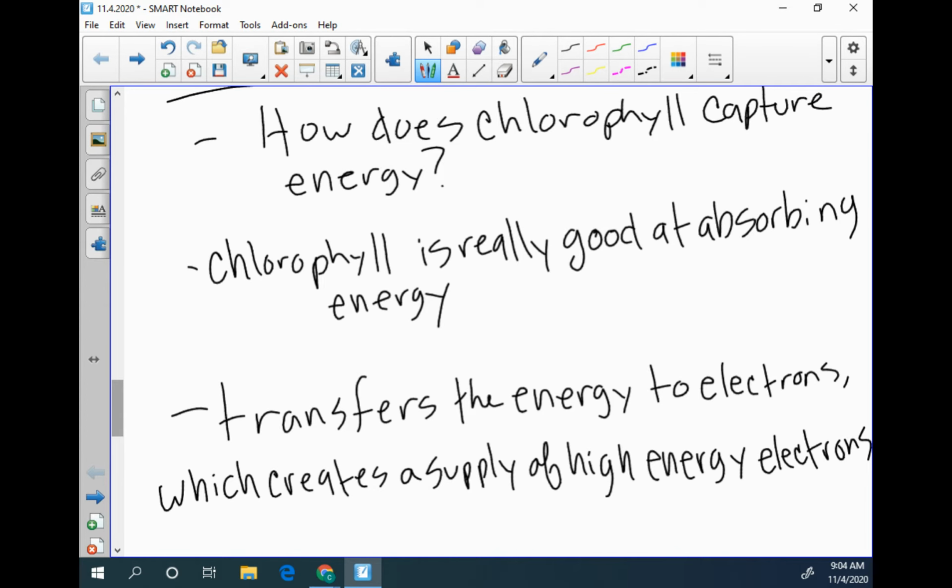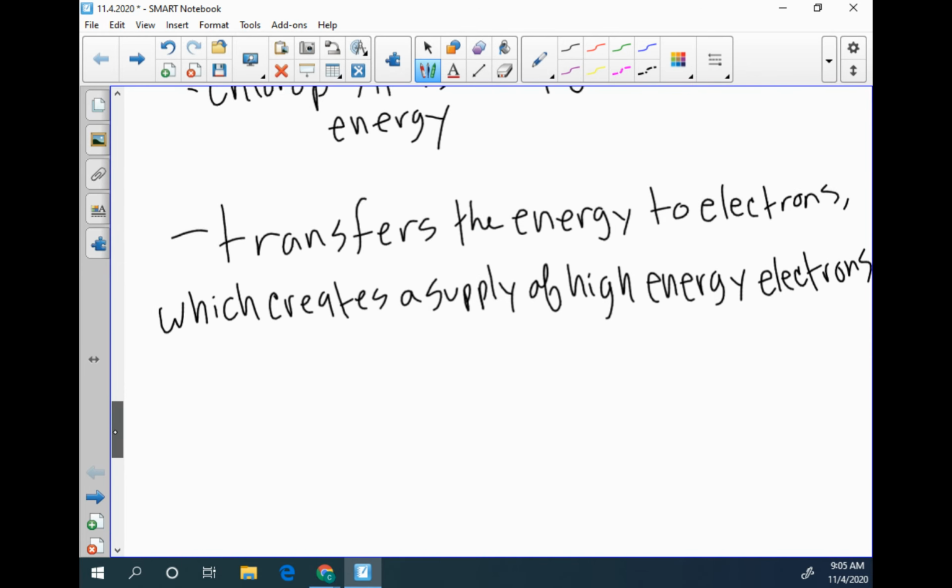And those high energy electrons are how we get from light energy to chemical energy. So now we have to figure out a way to harness those high energy electrons.